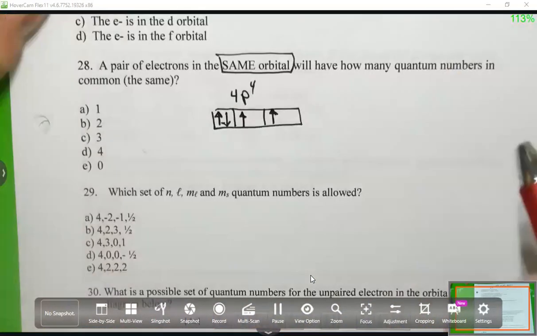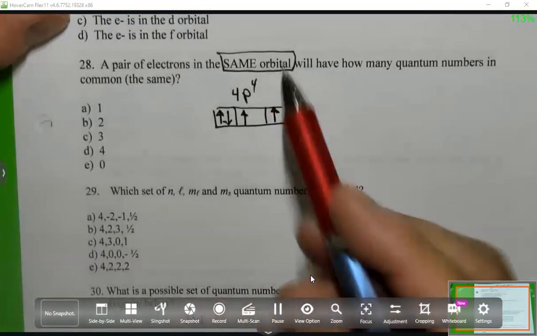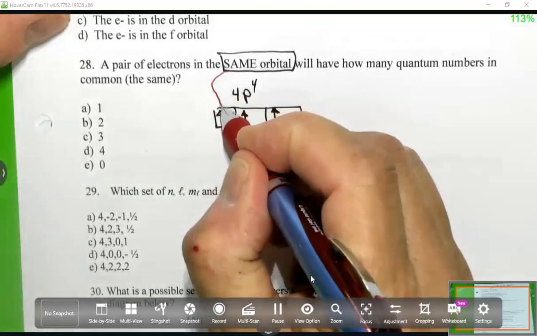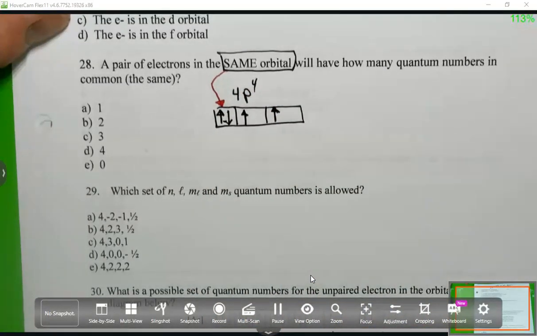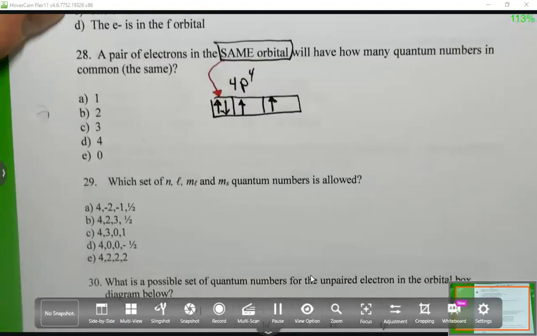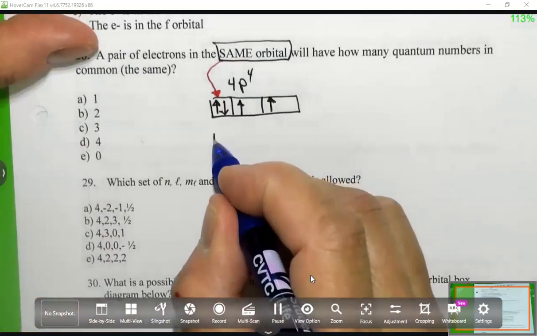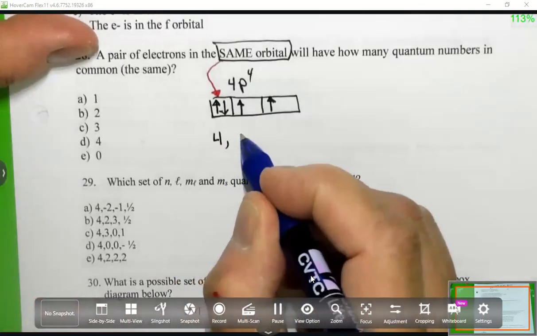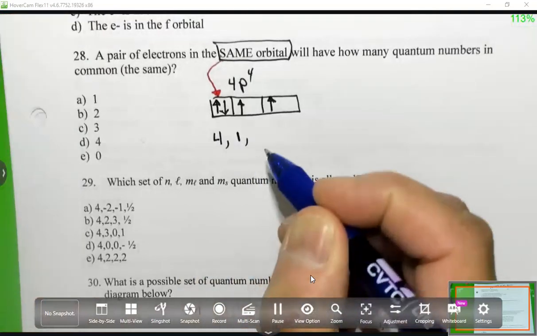Well, let's write out these quantum numbers for review anyway. A pair of electrons in the same orbital, that's describing this, right? There is a pair of electrons in the same orbital. And those quantum numbers would be 4 for level 4, 0 for S, 1 for P. The next quantum number would be a 1.